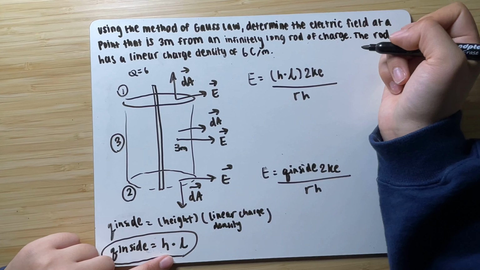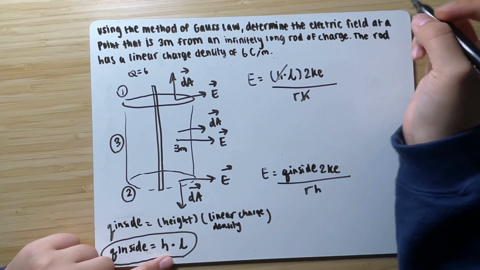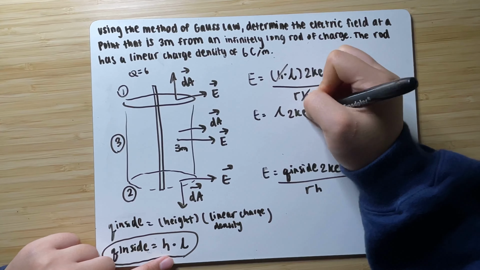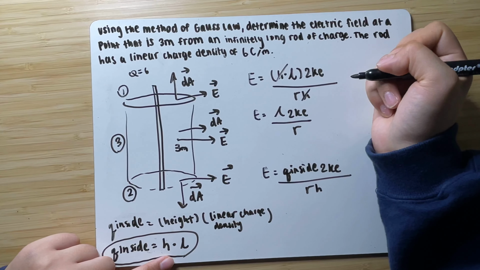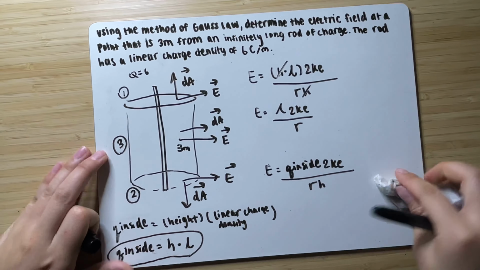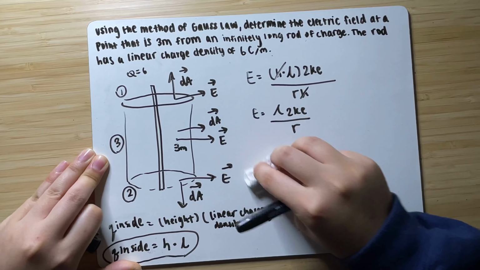Now, right off the bat, looking at this, you could cancel out the height. So you should get E is equal to lambda 2ke over the radius. Okay. And now is where the fun begins, because we can just plug and chug at this point.